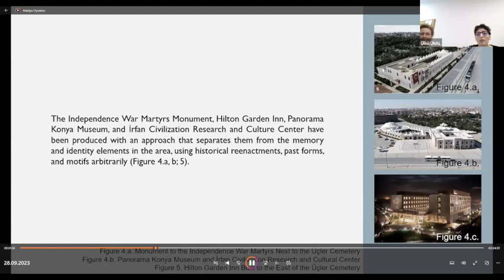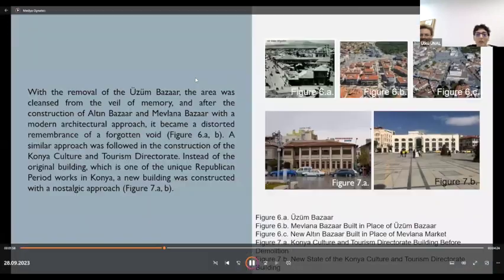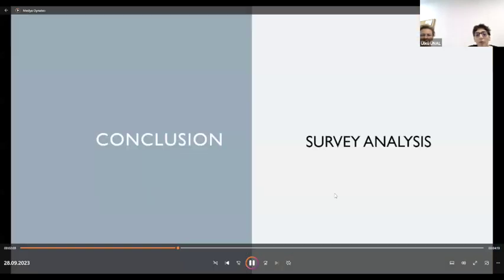You can see on the right of the screen Bazar, Altın Bazar, and Mevlana Bazar. Mevlana Cultural Center, Karatay Town Hall, and Melike Hatun Bazar.